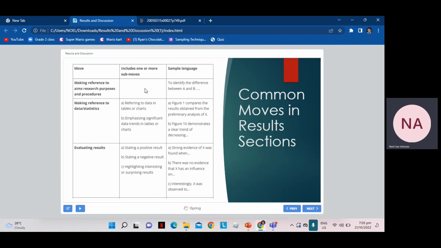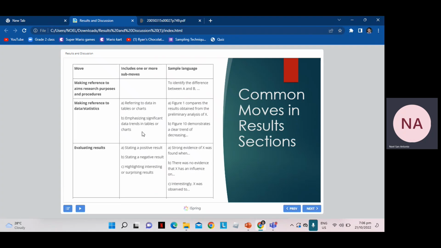Okay? Now, another move is making reference to data or statistics. The sub-move that you can use there is referring to data in tables or charts. That's why there are such references in the paragraph of your results. For example, figure 1 compares the results obtained from the preliminary analysis of X. Another sub-move is that you can emphasize significant data trends in the table or chart.